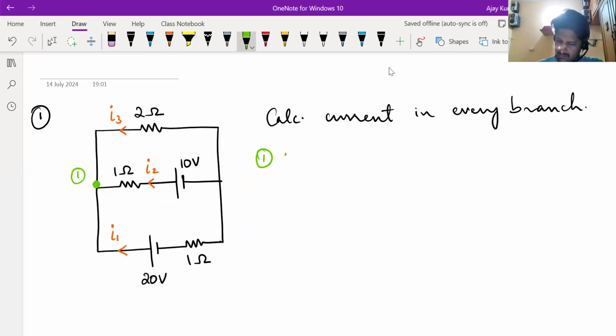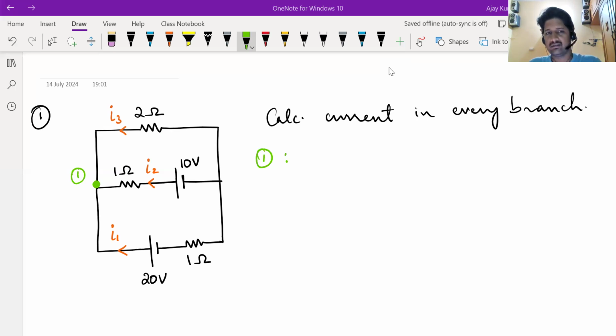So for equation 1, do you want to move clockwise or anti-clockwise? If you move clockwise or anti-clockwise, you're moving in the direction of a different current. So which current should we consider? You have to consider both. But if you move in the direction of I2, you're moving opposite to I3.